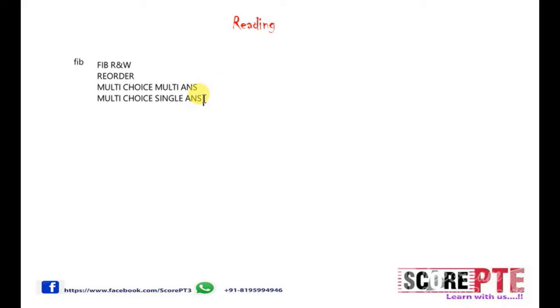These 5 tasks will be gathered in your reading section.